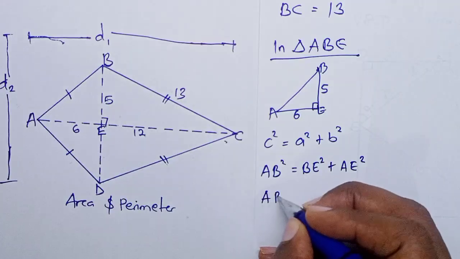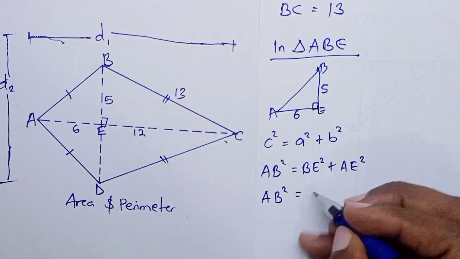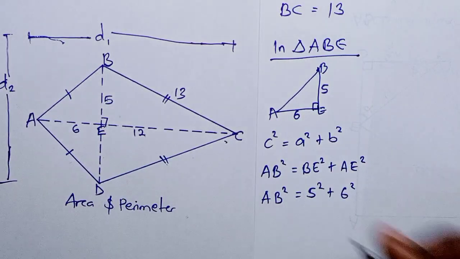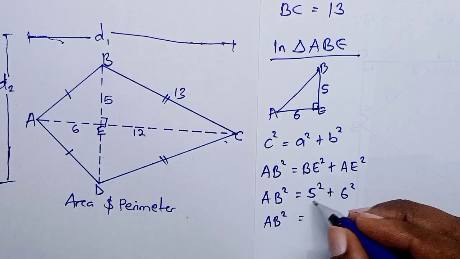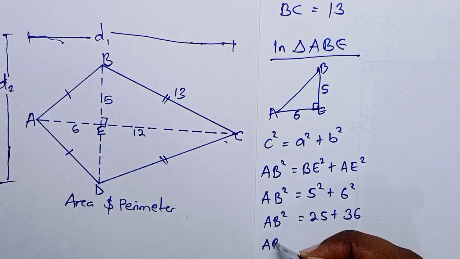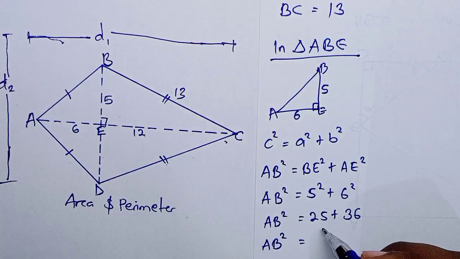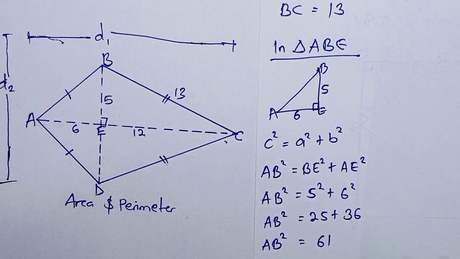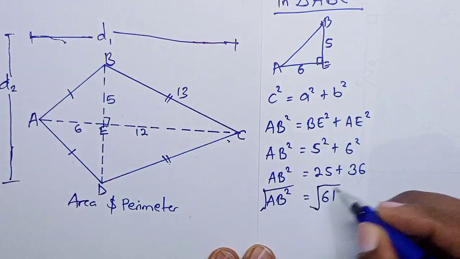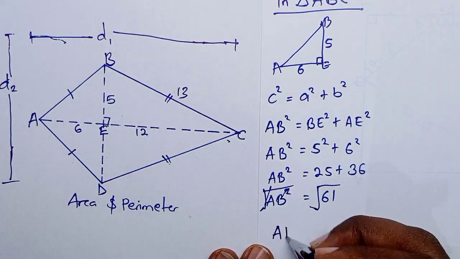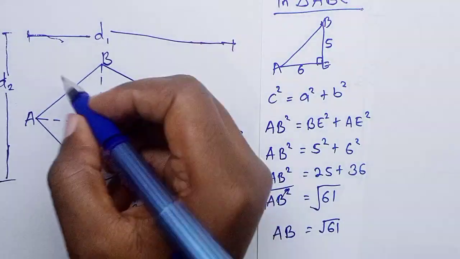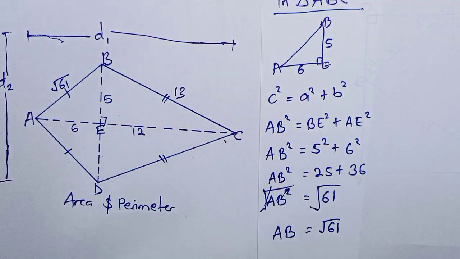So AB squared is equal to 5 squared plus 6 squared. Therefore, AB squared is equal to 5 squared is 25 plus 6 squared is 36. Therefore, AB squared is equal to 25 plus 36 gives us 61. Now let us find the square root on both sides. So AB is equal to root 61. Therefore, this side length is square root of 61.